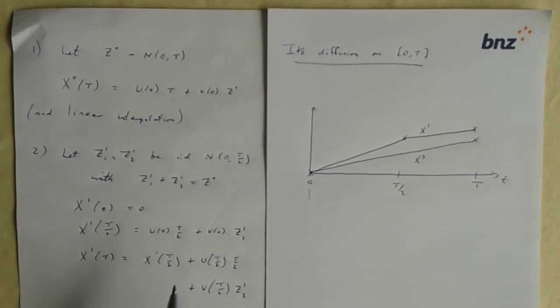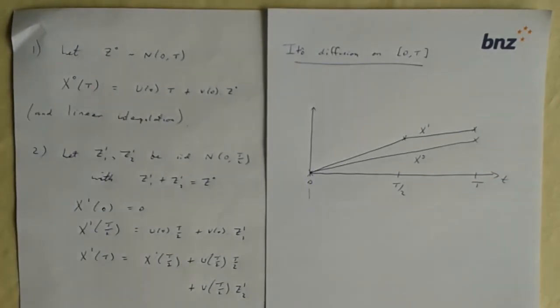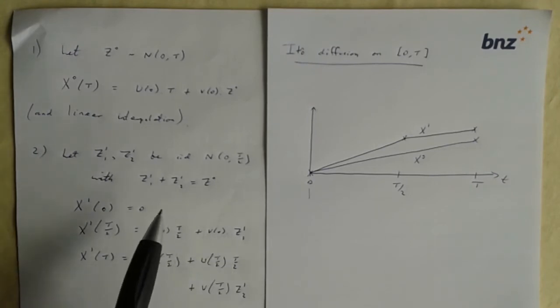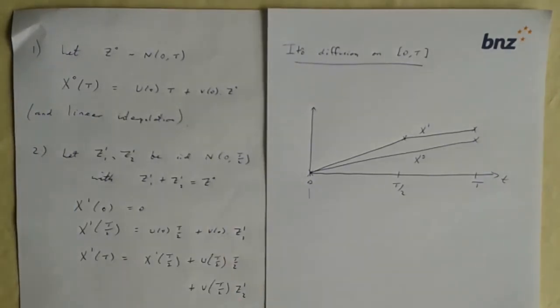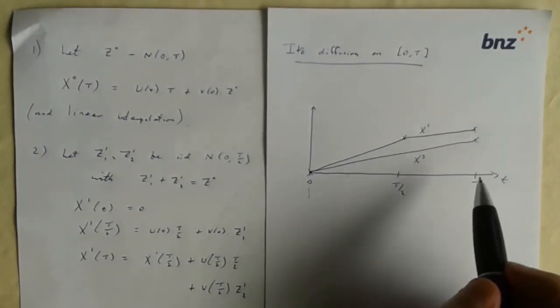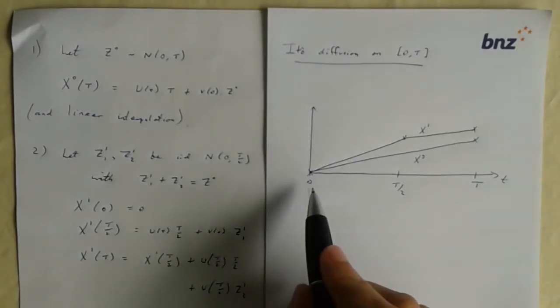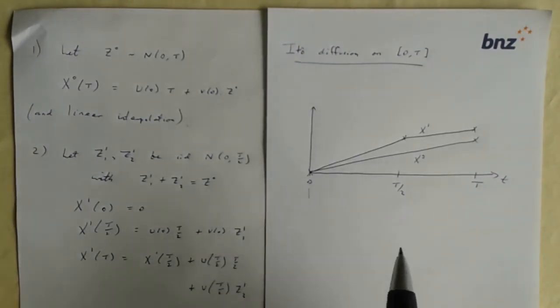So if both of those u values were the same, we would have the same as what we've got here. And similarly with the v's, if these two v values should happen to be the same, then we've got the sum of these two normally distributed random variables, which gives us back z0 again. So approximately it's the same value at these 2 points, except that the u and the v might have changed between time 0 and time t over 2.